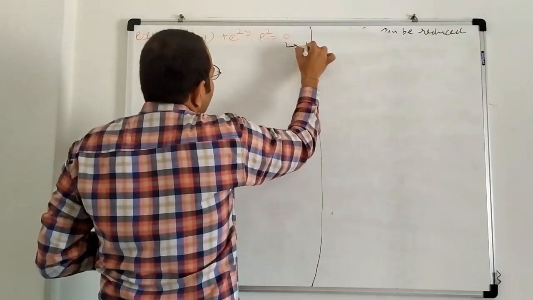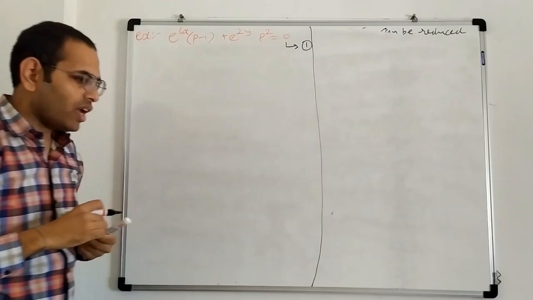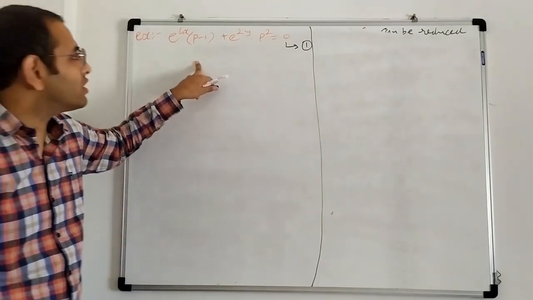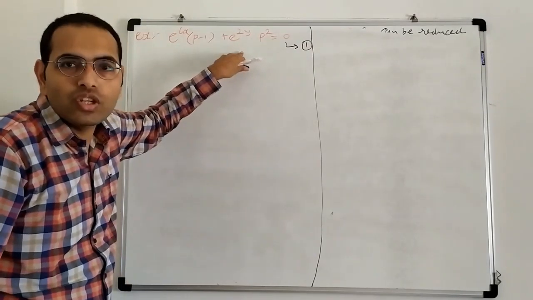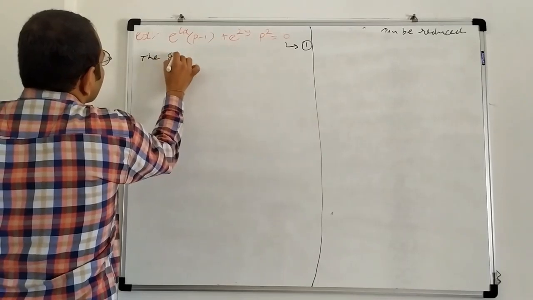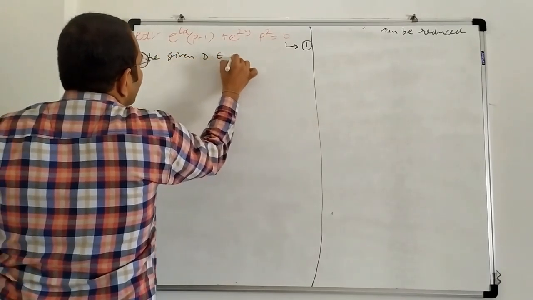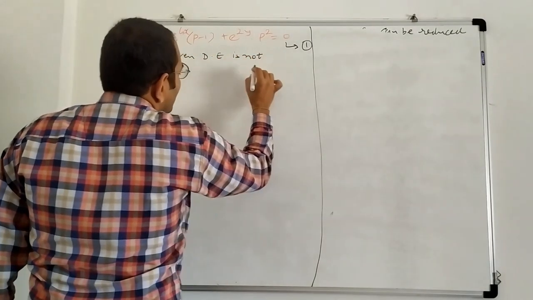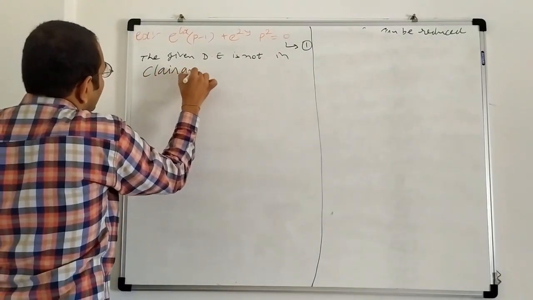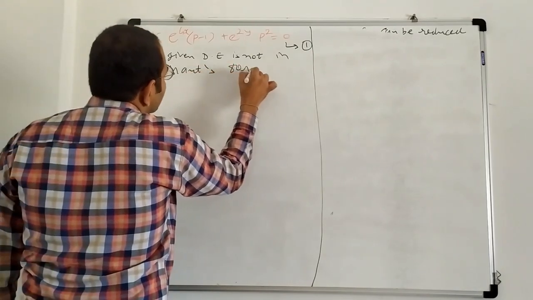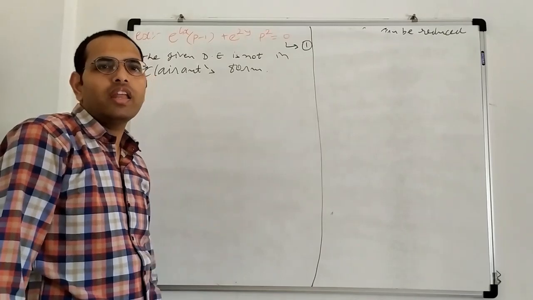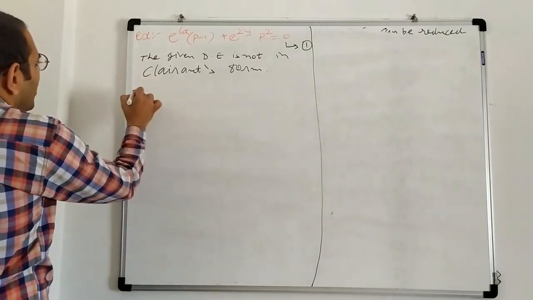First, whatever differential equation is given in the question, that is our equation number 1. This given differential equation is not in Clairaut's form.